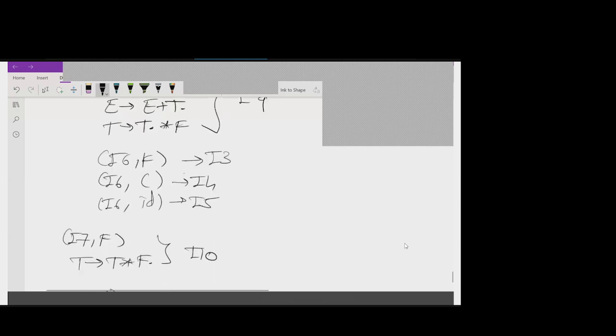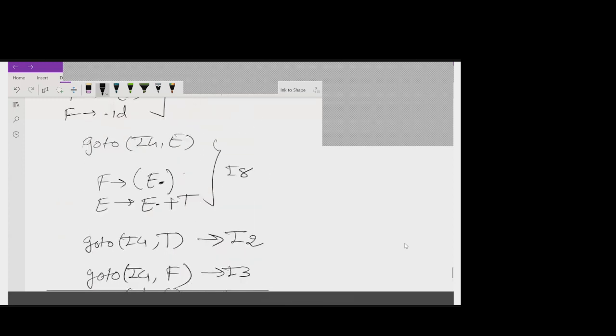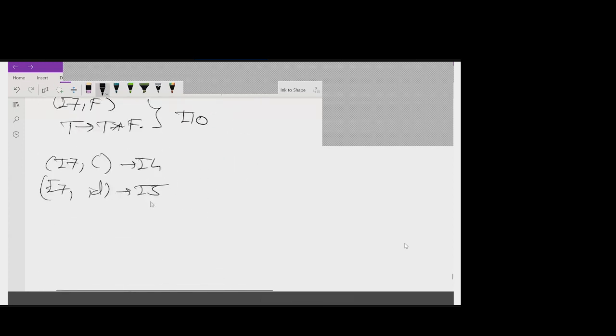Now the last state we are approaching, any state is remaining, I8, right? I8 is remaining, and I8 is what? I8 is closing bracket, and it would be F gives closing bracket dot, and this will be considered as I11.